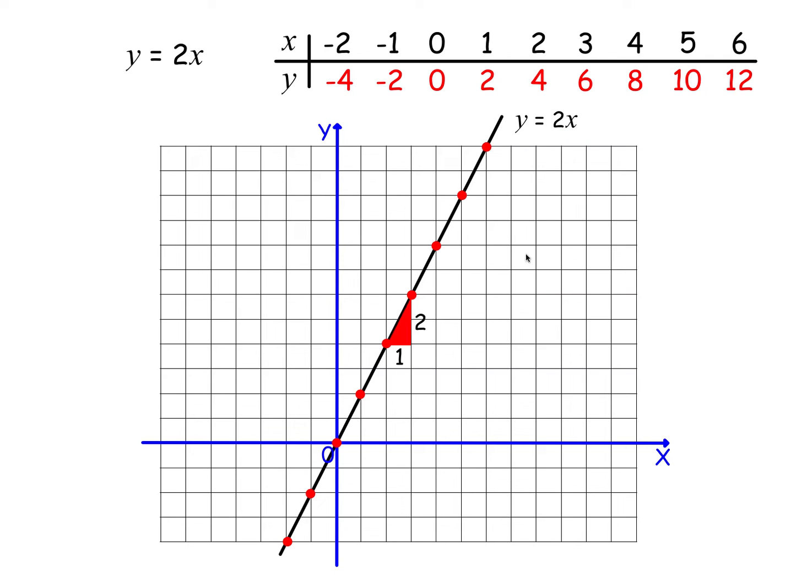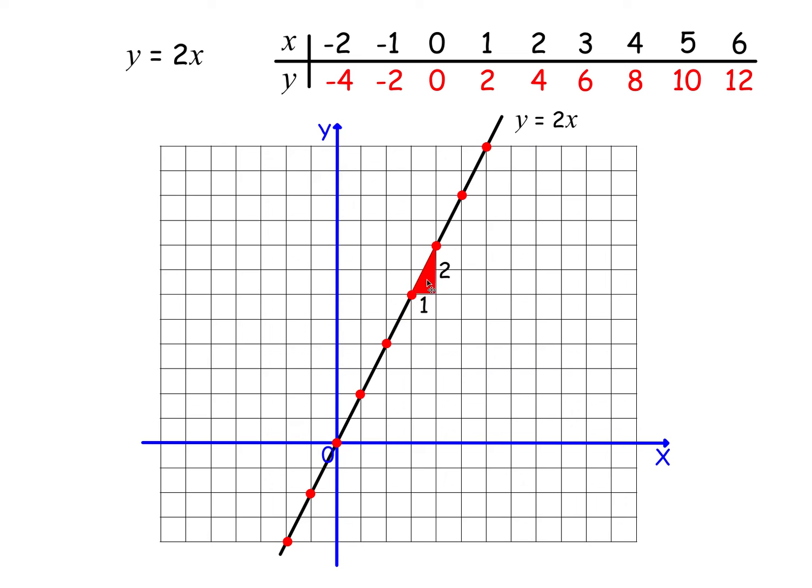If I look at the gradient of this line between 2 points, for 1 on the horizontal you get 2 on the vertical. The gradient is vertical over horizontal, so the gradient's 2. That line has gradient 2. It's as you expect. If you go 1 on the x, the equation tells you y is twice x, so 1 on the x gives you 2 on the y. That results in the gradient being 2.